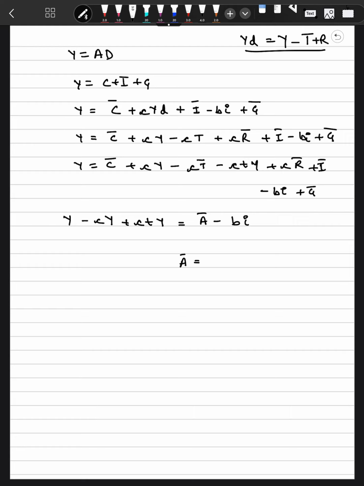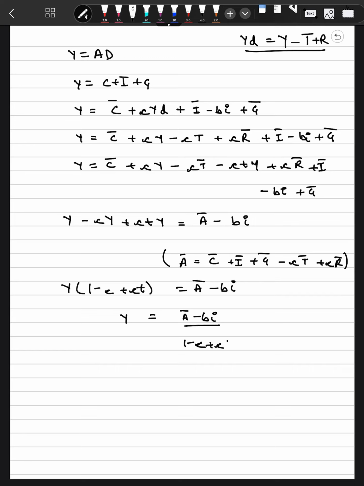A bar is equal to all the autonomous components, that is C bar plus I bar plus G bar minus cT bar plus cR bar. So these are our autonomous components. Then we say Y times 1 minus c plus ct is equal to A bar minus bi. Y is equal to A bar minus bi divided by 1 minus c plus ct.